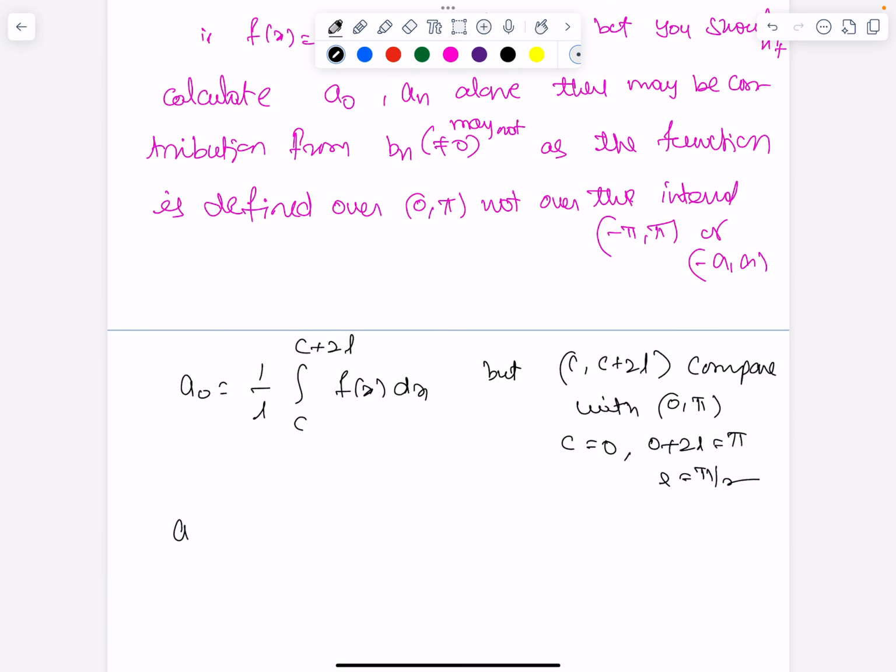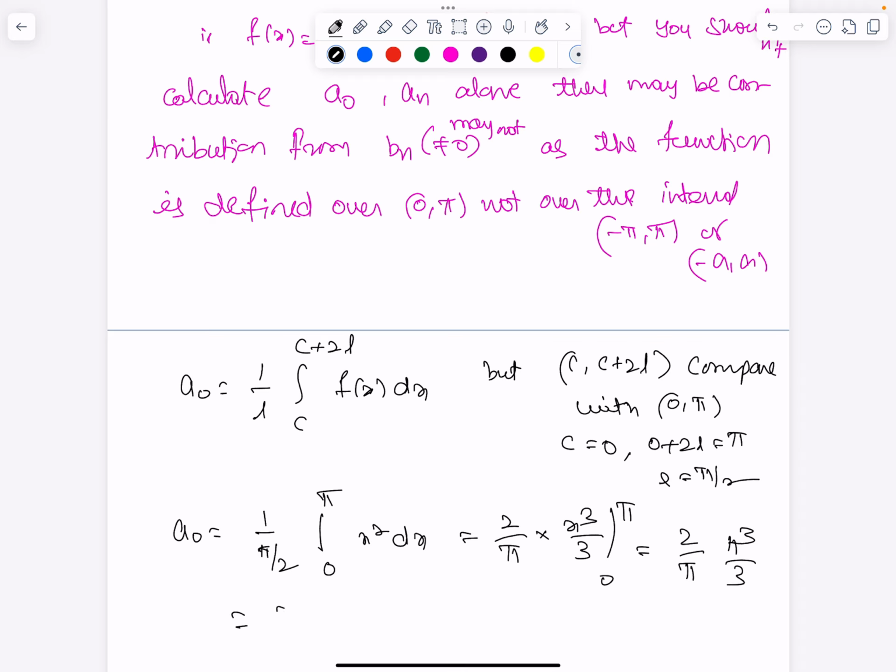Therefore, you are getting a0 is equal to 1 by pi by 2, 0 to pi, f of x is x square dx, that is equal to 2 by pi, x square integration is x cube by 3, 0 to pi. Therefore, it is 2 by pi, pi cube by 3, which is equal to 2 pi square by 3, the a0 value.